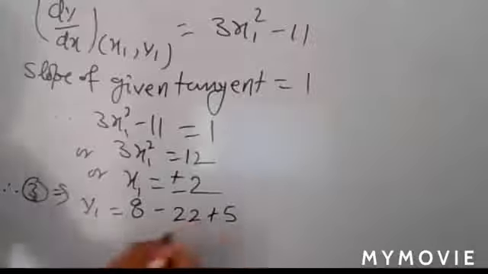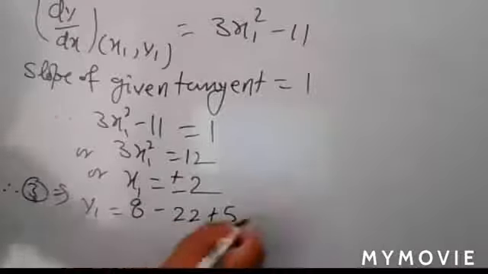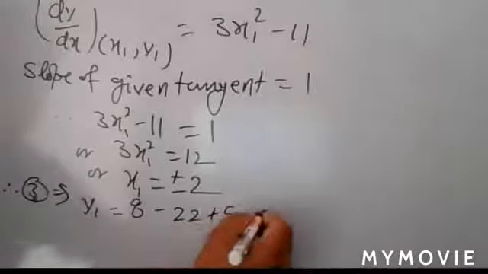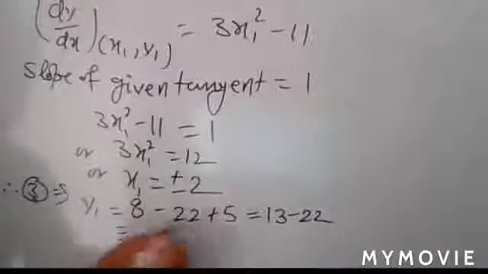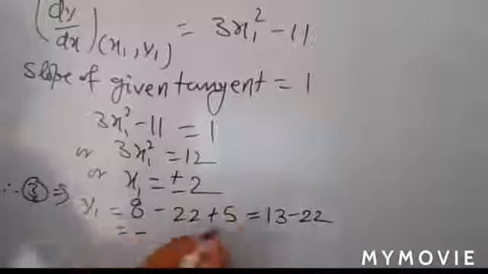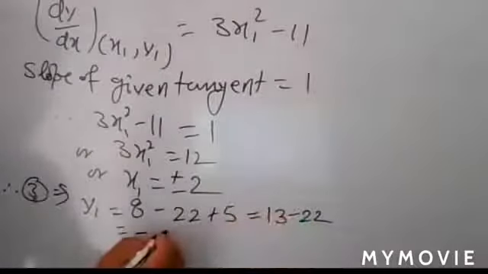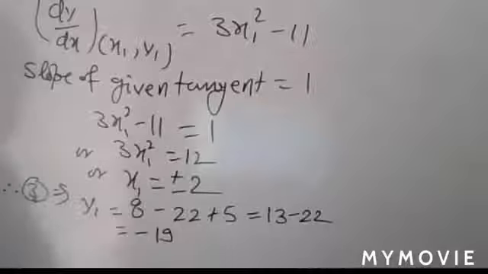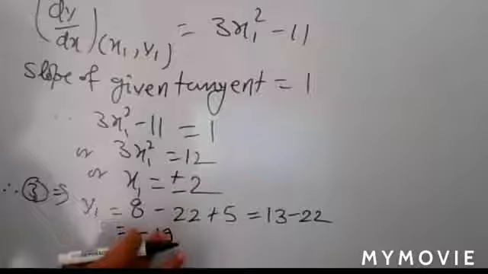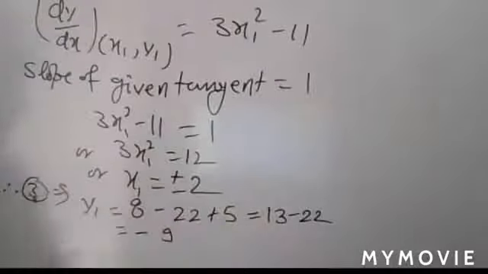Check what its value is. 13 minus 22, and solve it, it is minus 9. So here you have a point.